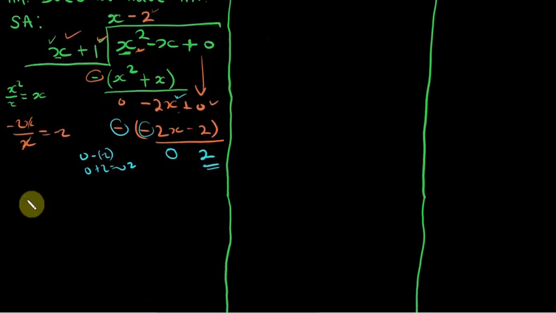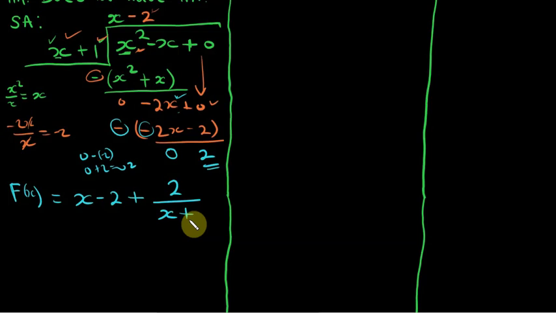Therefore, we can rewrite our rational function as x minus 2 plus 2 over x plus 1.